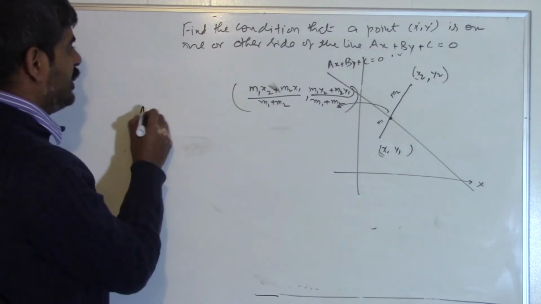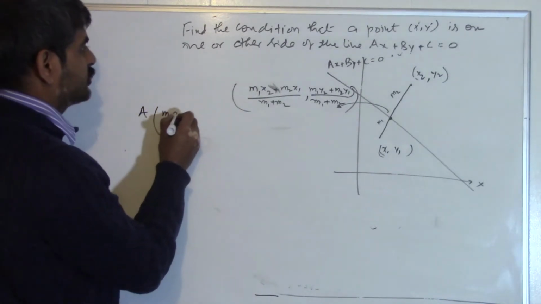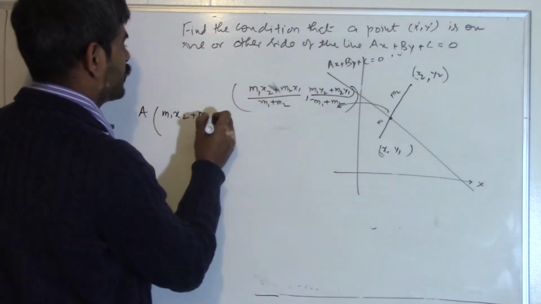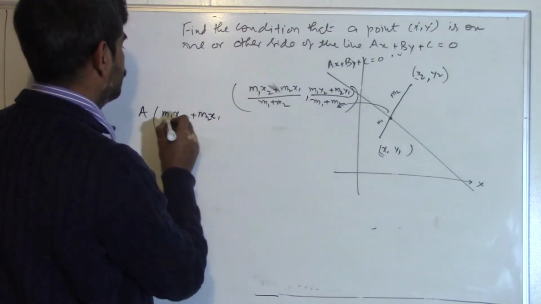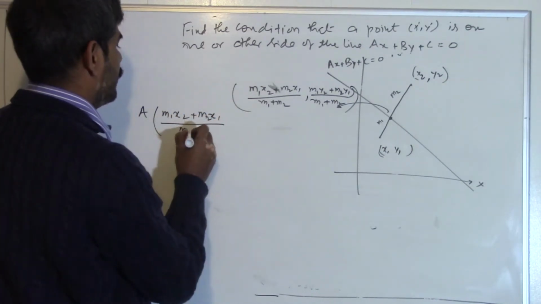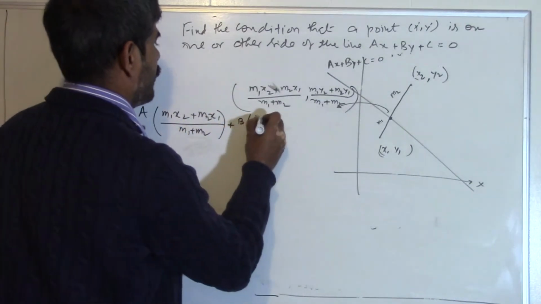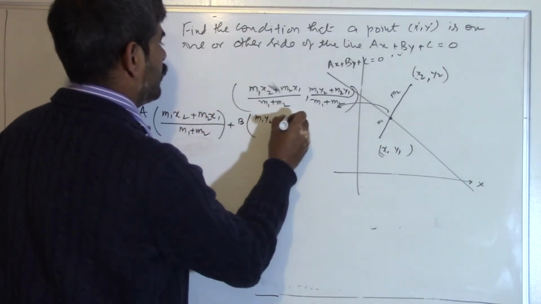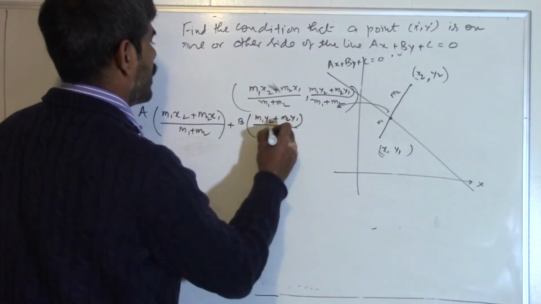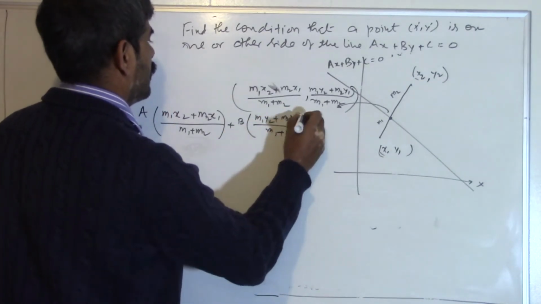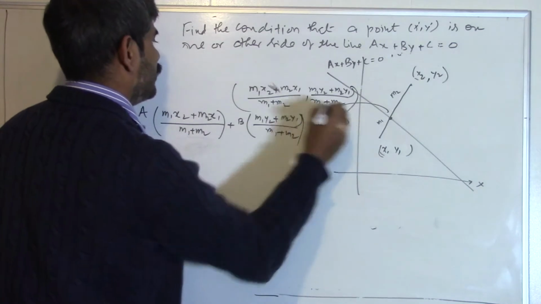We can write a into (m1 x2 plus m2 x1) divided by (m1 plus m2), plus b times (m1 y2 plus m2 y1) divided by (m1 plus m2), and then plus c is equal to 0.